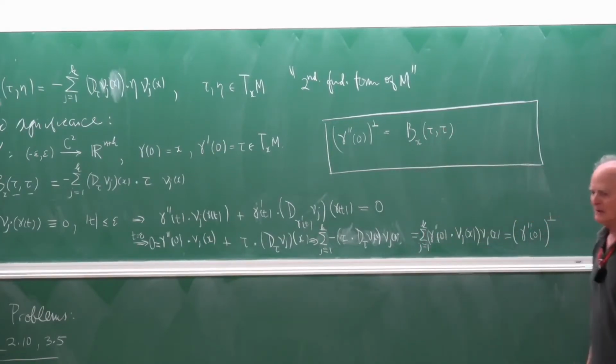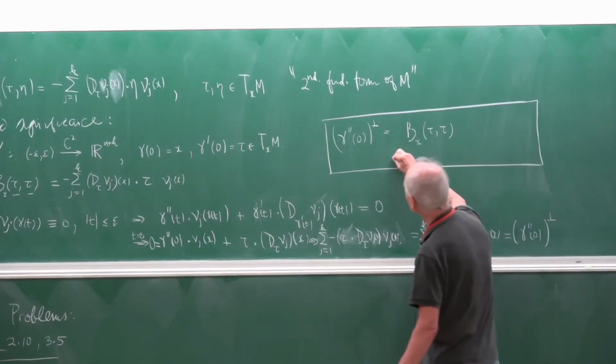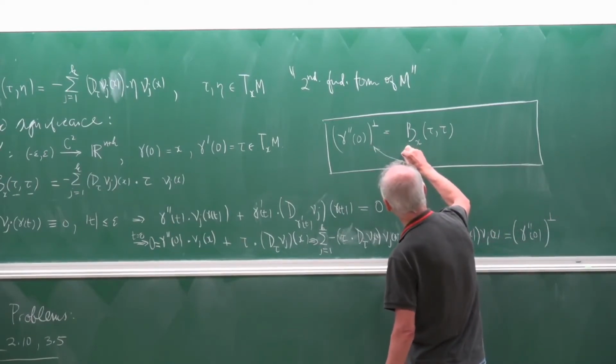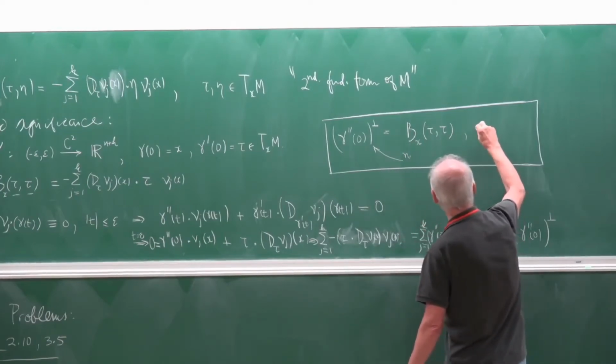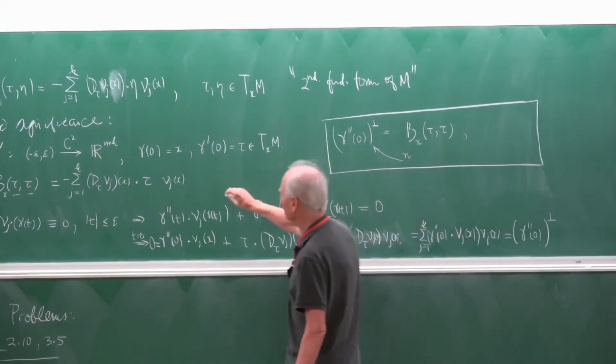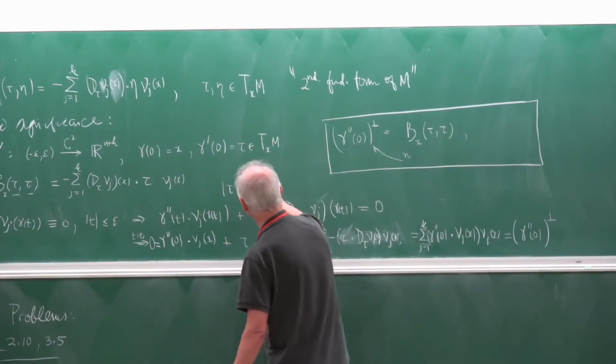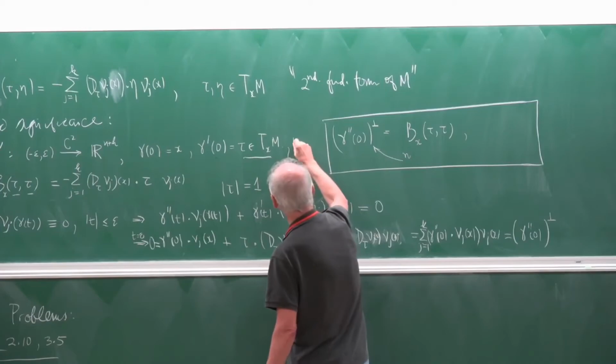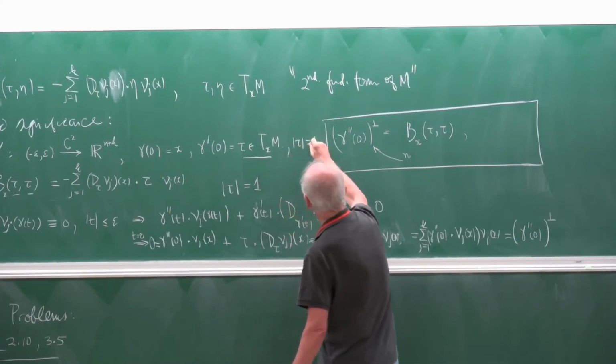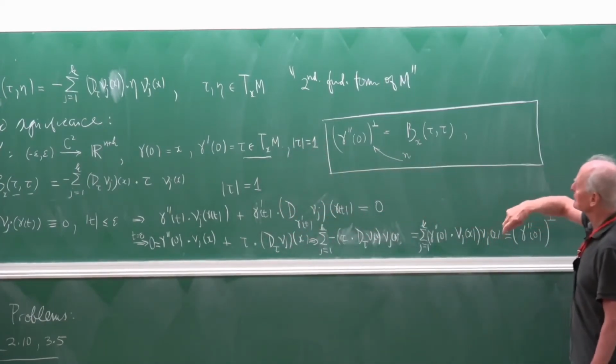So that's the geometric meaning. This is called the normal curvature, if mod tau equals 1. So let's agree that we take mod tau equals 1, otherwise there's a scaling factor involved. So let's agree that we take a unit vector, otherwise it's completely arbitrary.